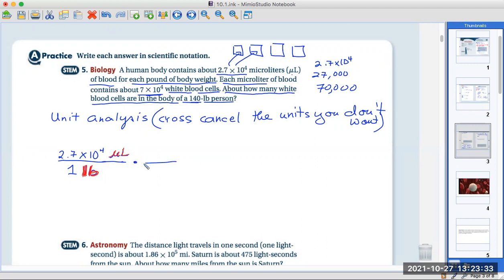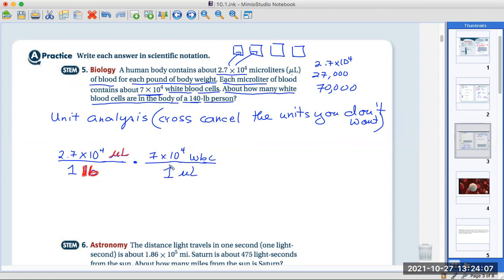Times, we also know that we have 7 times 10 to the power of 4 white blood cells, which I don't have a unit for, so I'll just call them white blood cells, that's cool, for each 1 microliter, because it says that each microliter of blood contains about 7 times 10 to the power of 4.